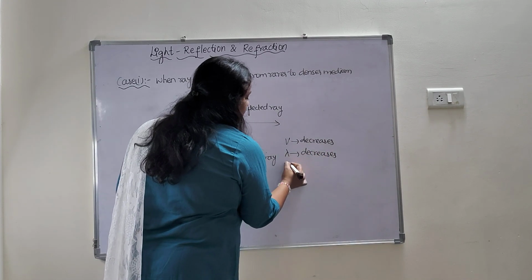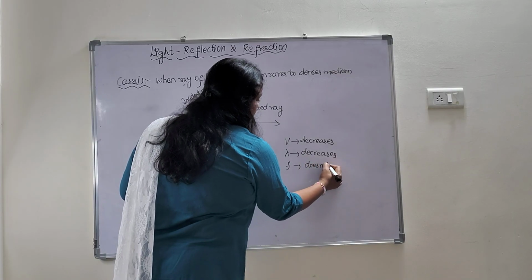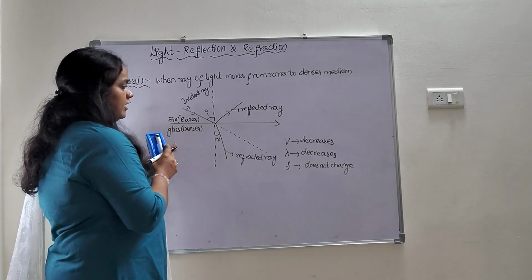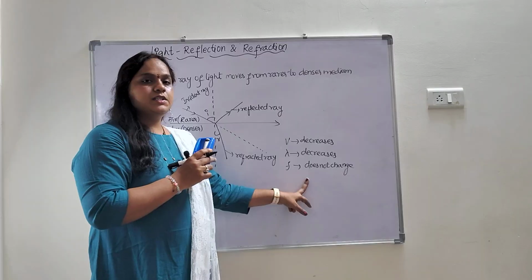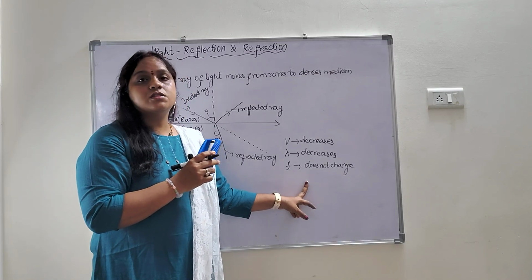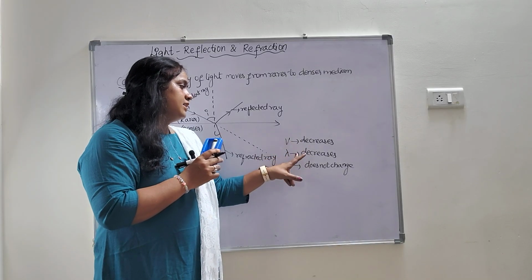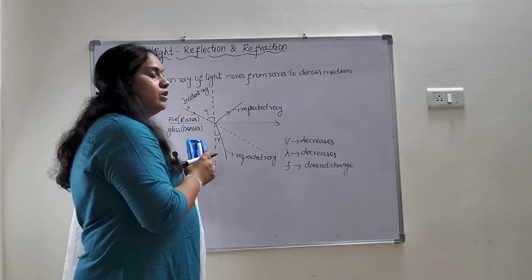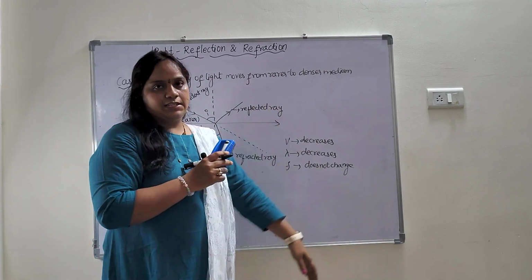But frequency does not change; it depends on the source of light. So speed of light decreases, wavelength decreases, and frequency does not change, and it bends towards the normal. This is about when a ray of light moves from rarer to denser medium.